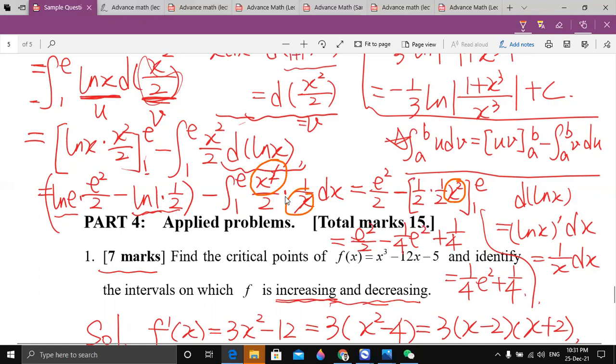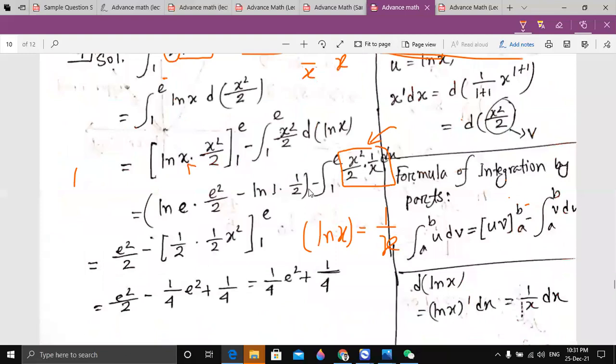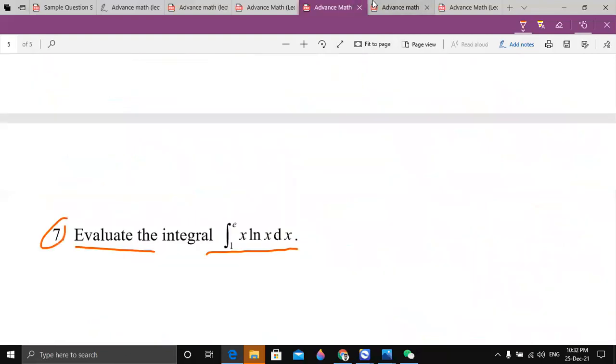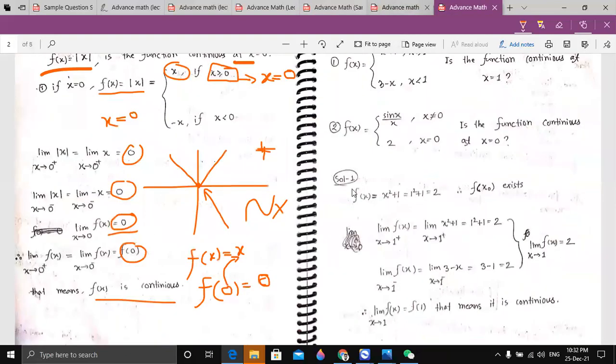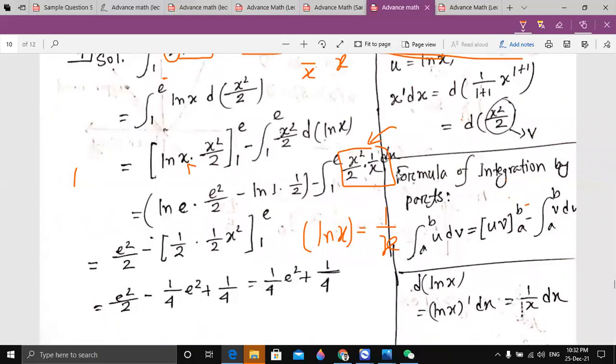How come if she cancelled another x, it's supposed to be x over 2? Let me see back in my note. x squared by 2 into 1 by x dx. e squared by 2 and ln constant is 0.